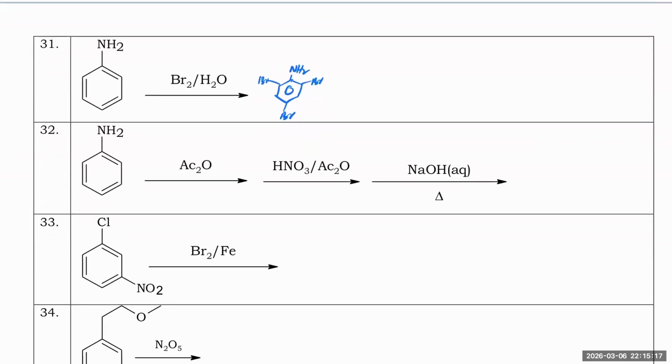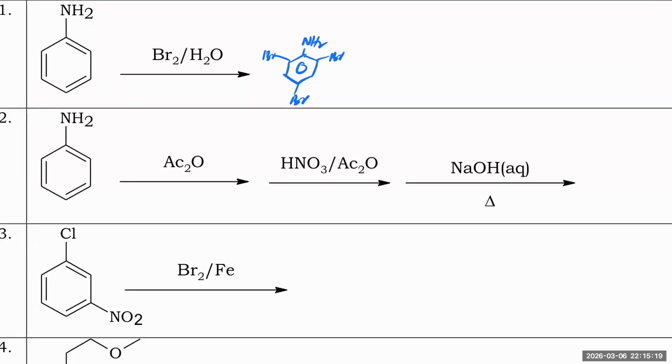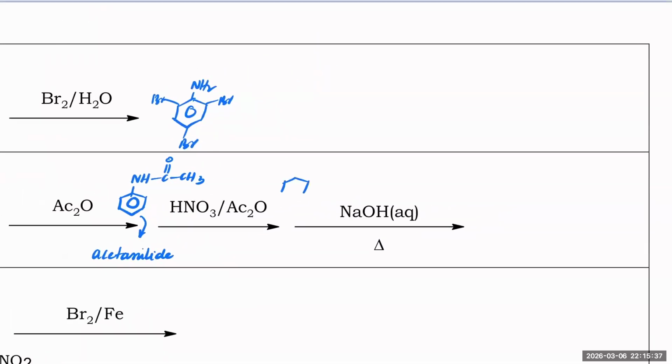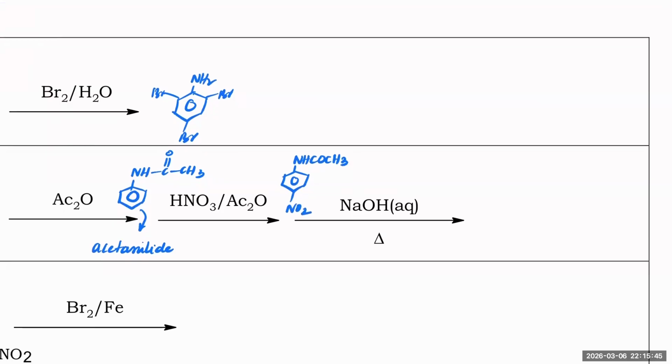In fact, to stop that only, we'll do the next reaction. First, when you react with anhydride, we'll get NHC double bond O CH3. This is acetylation. The name is acetanilide. Next, we do nitration. As you do nitration, we will get NHCOCH3, and nitration will happen at this position.